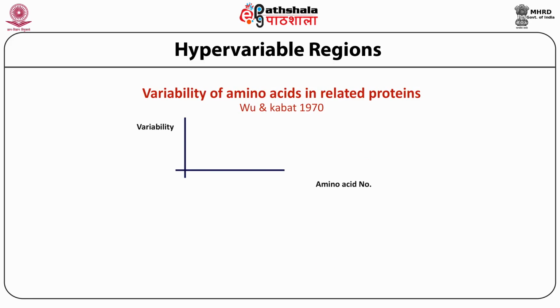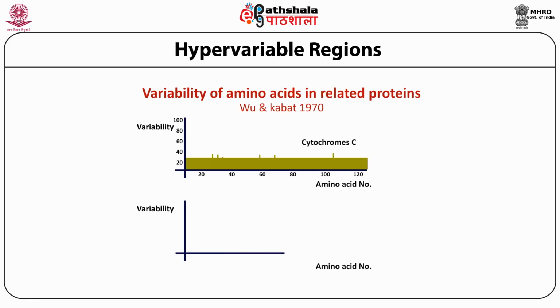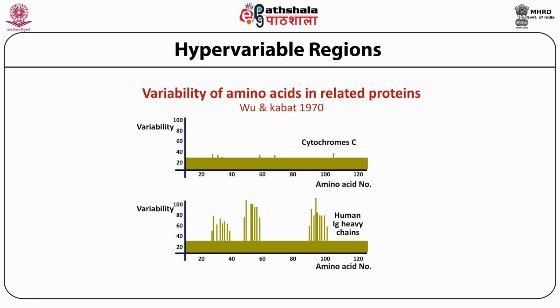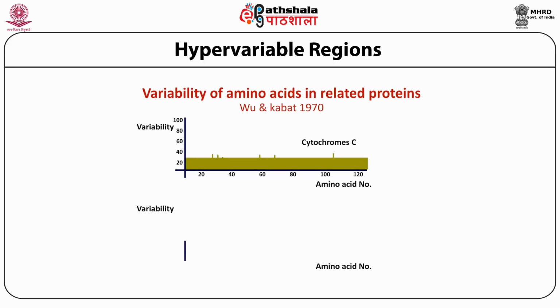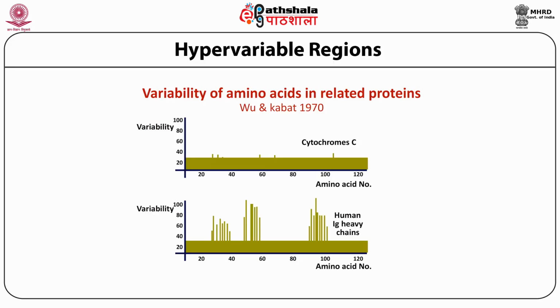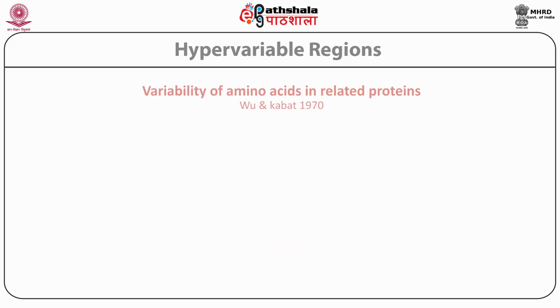Hypervariable regions obviously constitute the antigen binding sites. Affinity labeling experiments confirmed the existence of hypervariable regions. Hypervariable regions are sometimes called complementarity determining regions, CDRs.